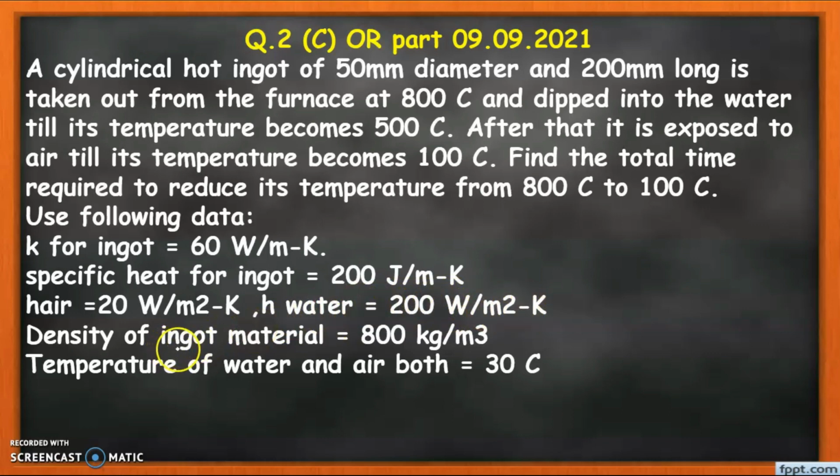The density of the ingot material is 800 kg per meter cube, and the temperature of both water and air is 30 degrees centigrade.